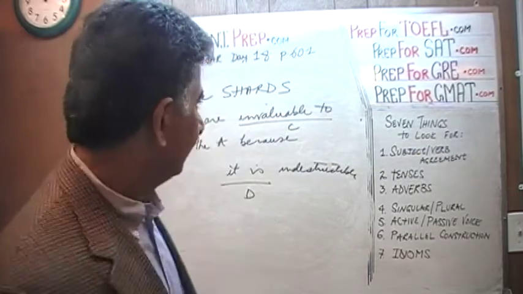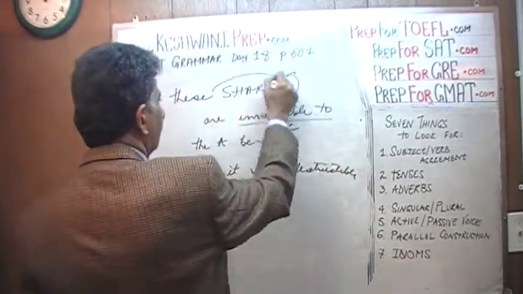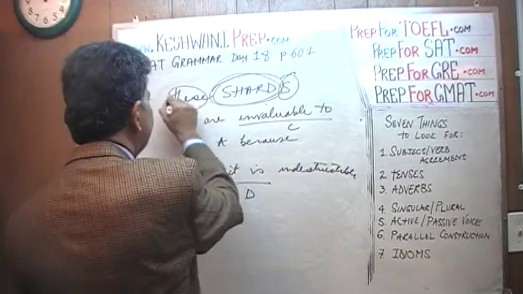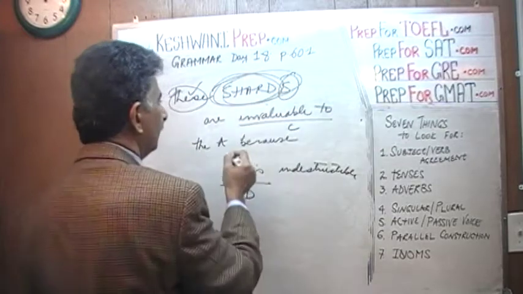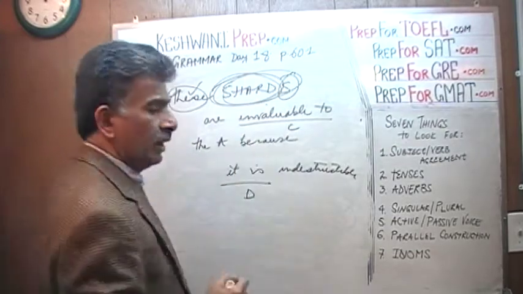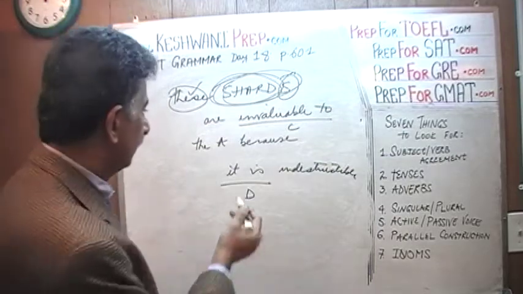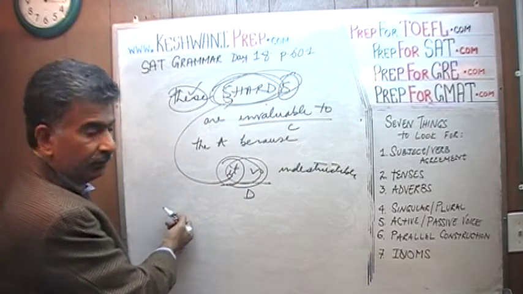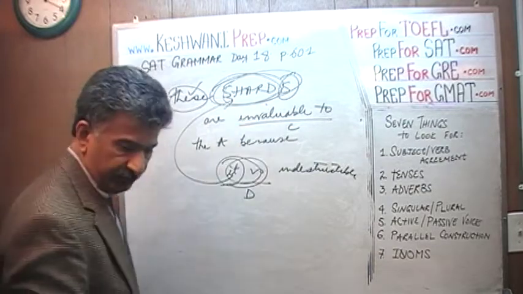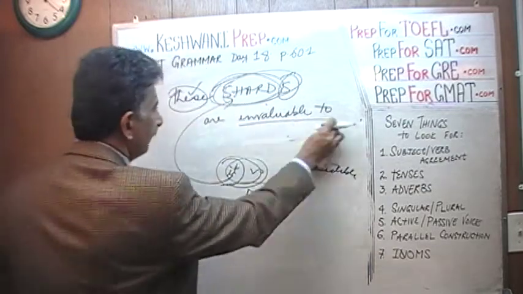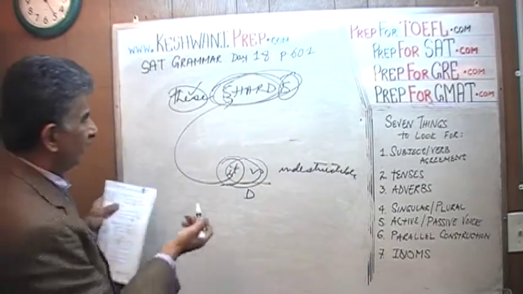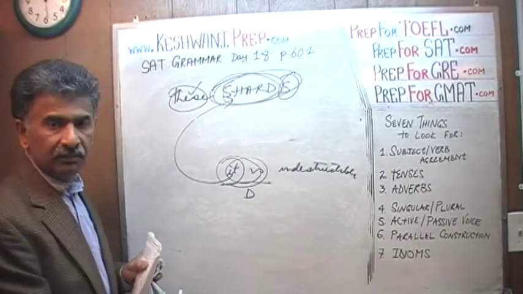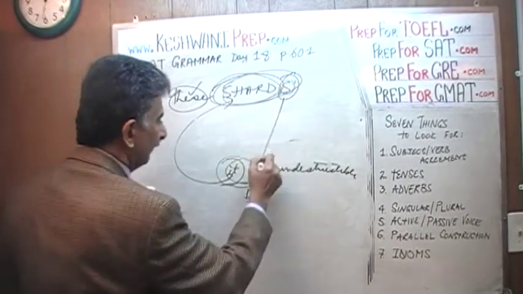These shards, plural. Notice this is the subject of the sentence. Subject of the sentence here is these, plural. These shards are invaluable to the archaeologists. Why? Because if you take out the middle part here, it reads, the way it's written here, these shards is indestructible.